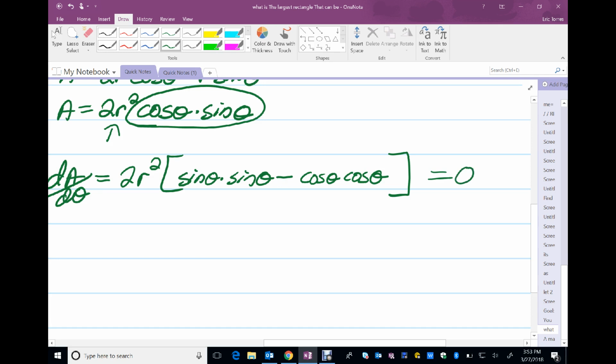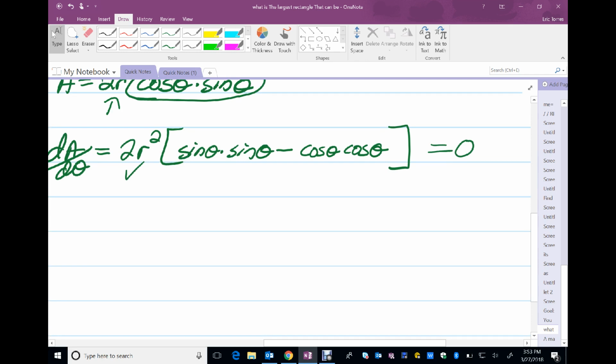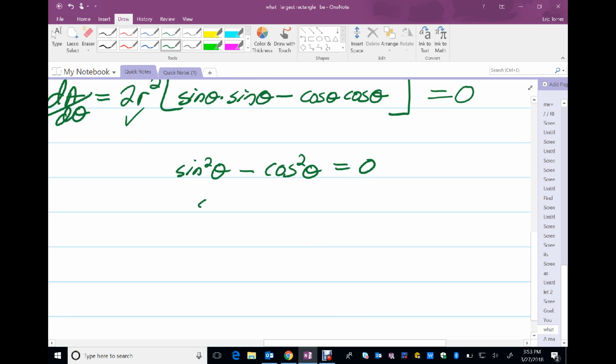Since this is a constant, that can't be set equal to 0. So now I know that sine squared of theta minus cosine squared of theta equals 0, or sine squared of theta equals cosine squared of theta. Technically plus or minus, because if I take the square root to solve for this, sine could either equal plus or minus cosine.